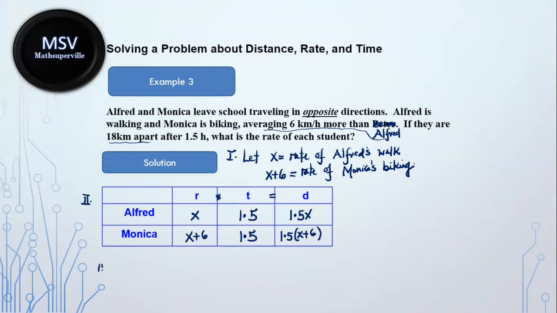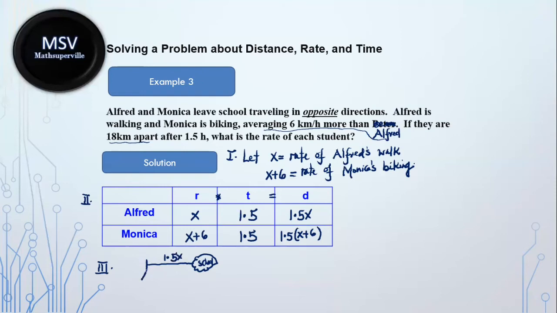In step 3, we acknowledge the distance, assuming this is the school. So Alfred moves in this direction and covers a distance of 1.5x.